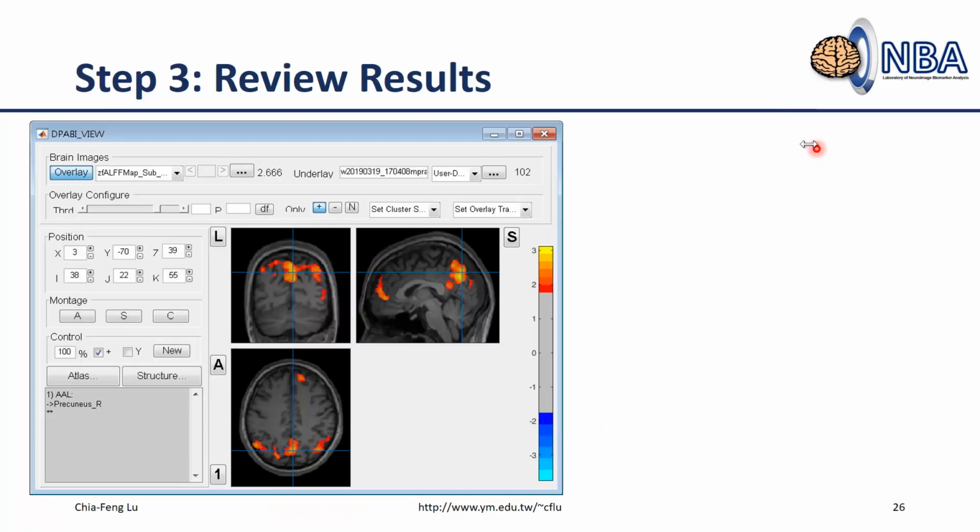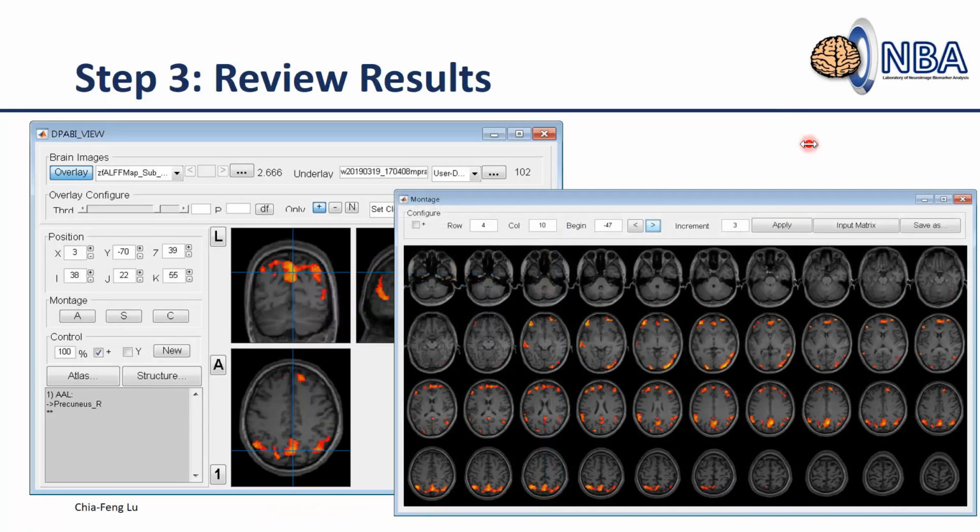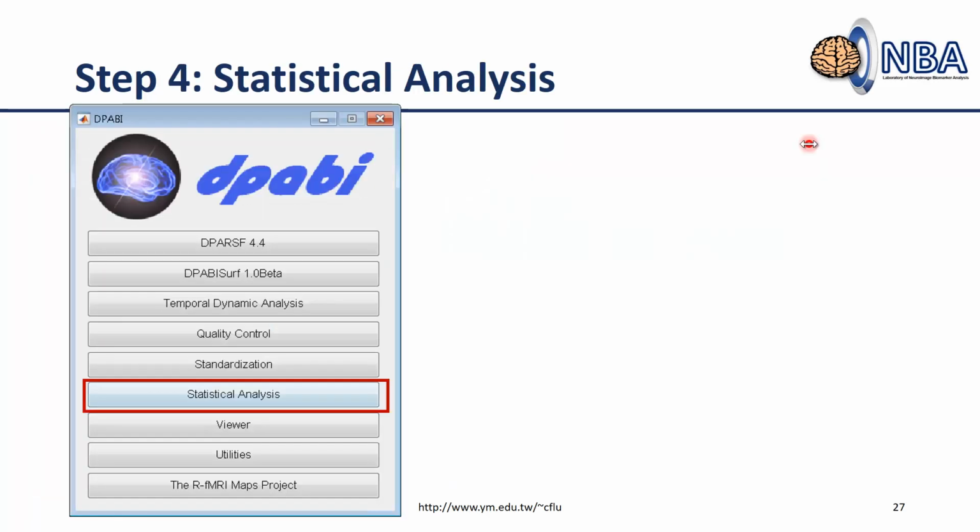Okay. So I think this is the brief walkthrough to show you how to use the DPABI toolbox as well as the PANDA toolbox for you to perform the so-called resting state fMRI analysis right there. Basically, ReHo and ALFF you can do using this toolbox.